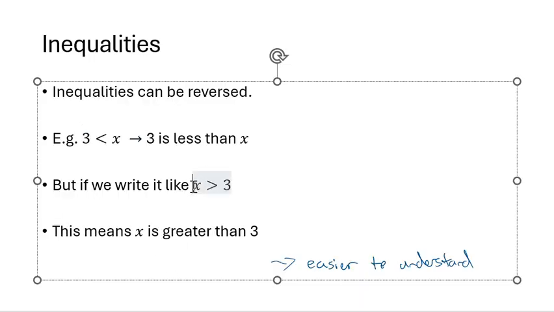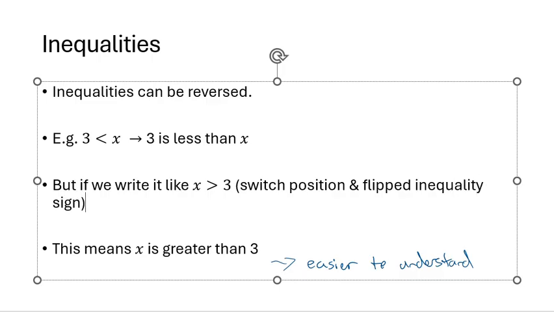But if you write it the other way around, what we did was switch position and flip the inequality sign. This means x is greater than 3. And it technically means the same thing as our example, okay? But it's just easier to understand.